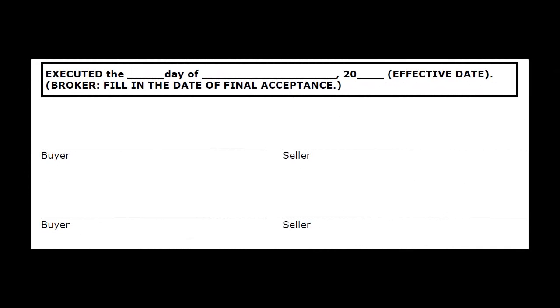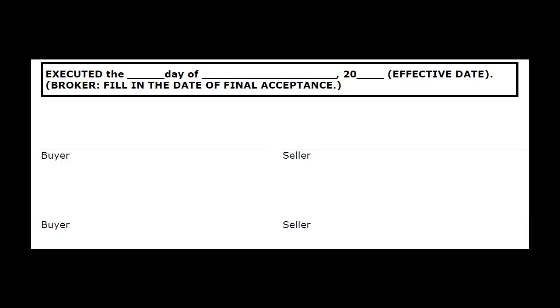Now, just below the executed box, you'll see where the buyer and seller sign. This seems pretty self-explanatory. Your client needs to sign the contract. There are going to be circumstances where this isn't quite as clear-cut. For instance, when we're going over the contracts in a contract training, everybody wants to pretend that everybody's going to toe the line on everything that's right and wrong, and that's primary objective.